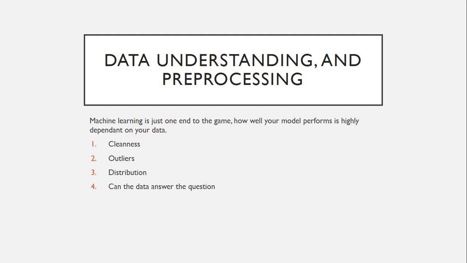Then distribution: we could use visualization to see the distribution of our data sets, that is, whether our data sets are evenly distributed when we're doing the training and testing. Then the question you have to ask yourself is, can the data answer the question? Most people just find data and start working on it.